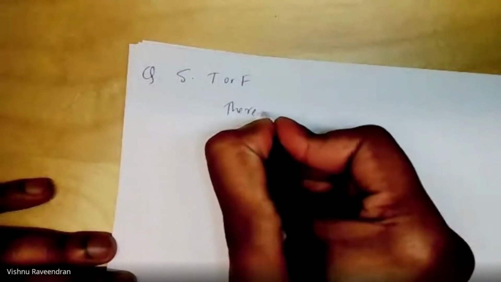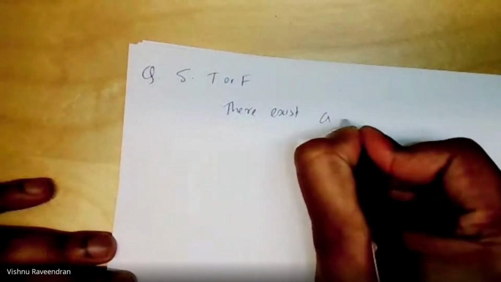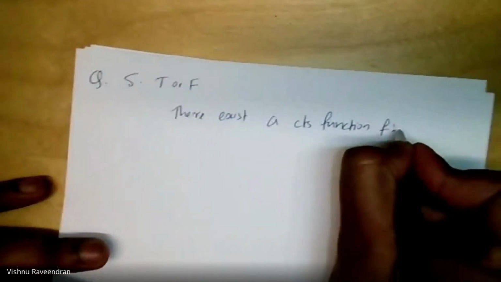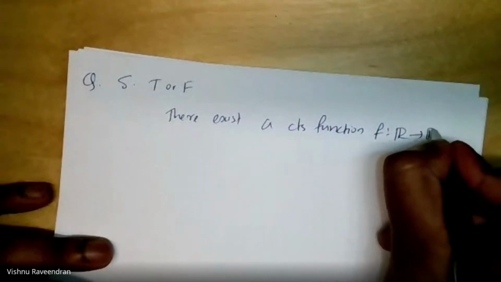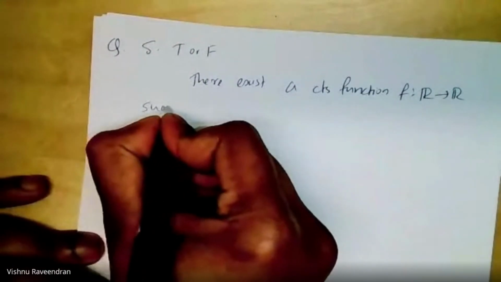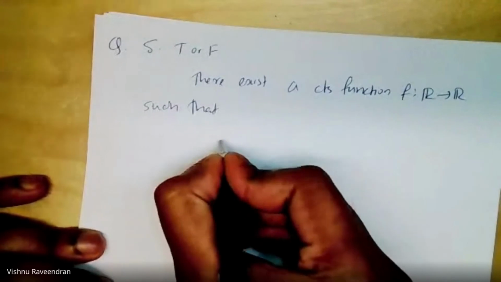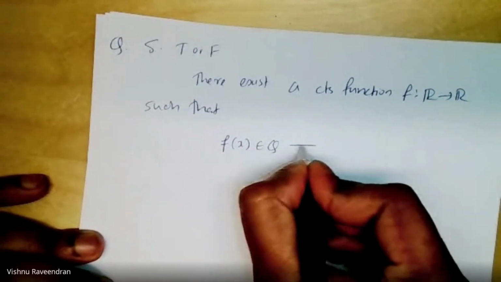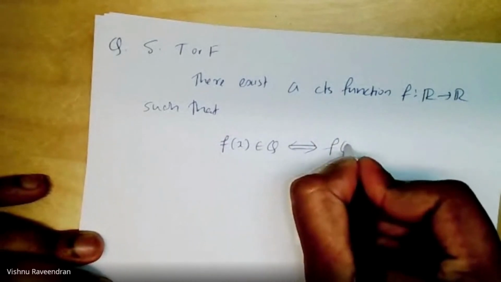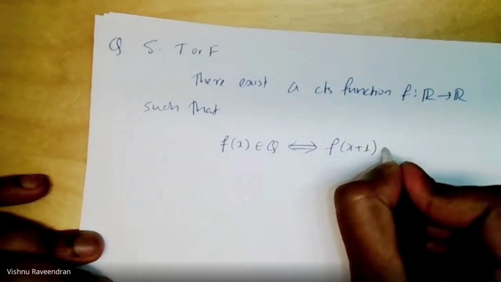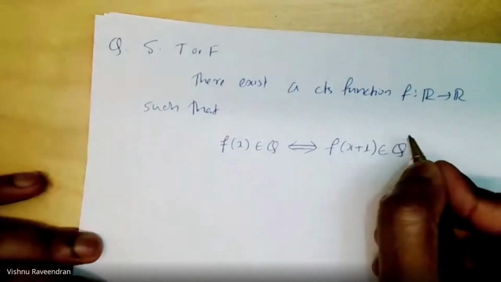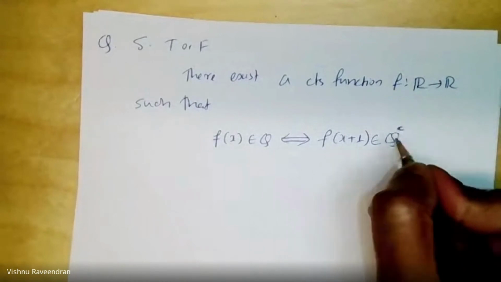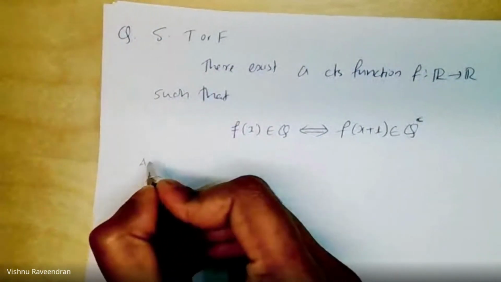There exists a continuous function f from R to R such that the property: f of x is rational if and only if f of x plus 1 is irrational. So this is the statement.